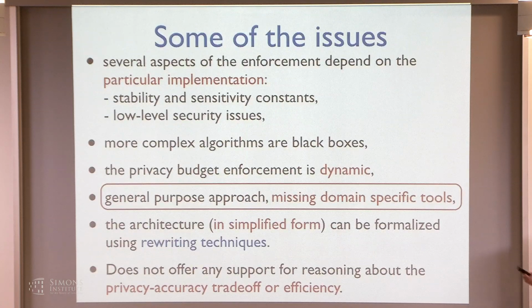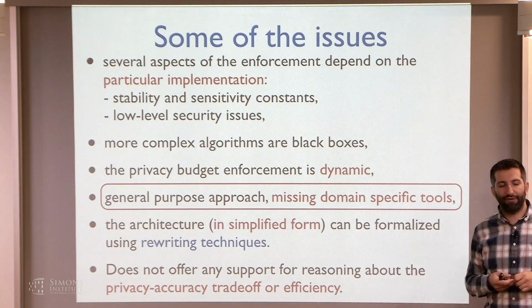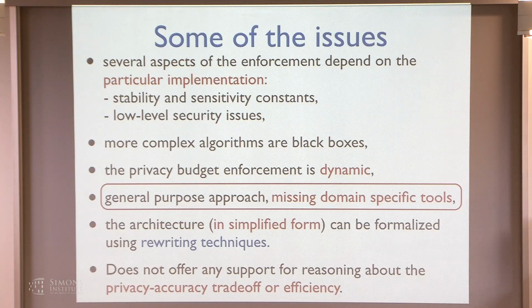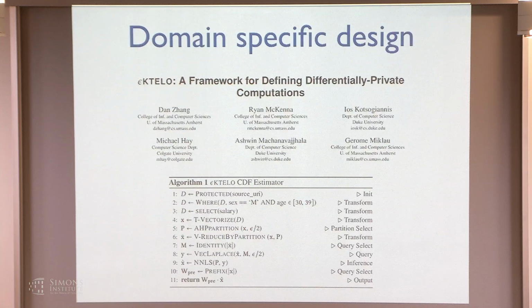All right. So let me look a bit at the other problem. I think another issue here is that these approaches that we saw are general purpose, but they are missing domain-specific tools. And I think when we really want to do some data analysis, maybe these are useful. People are trying to address this.